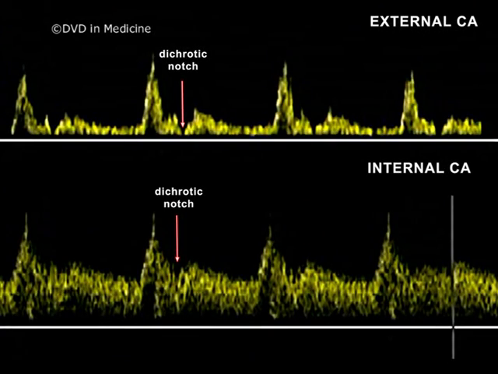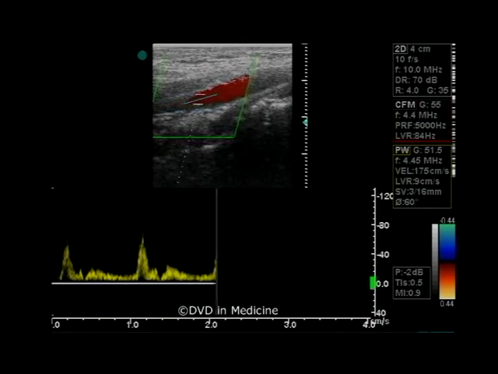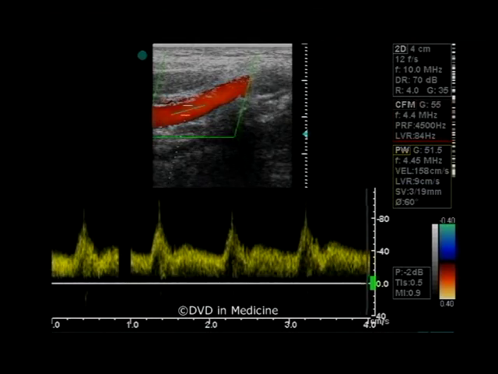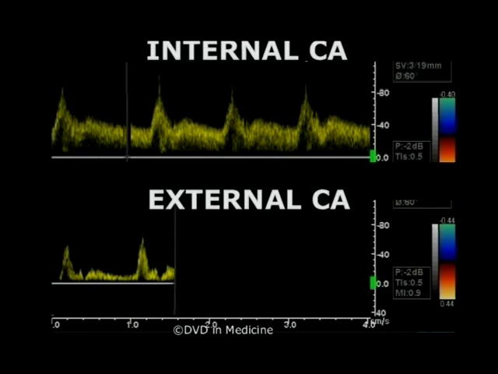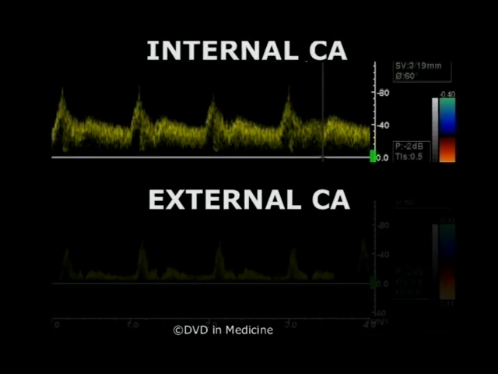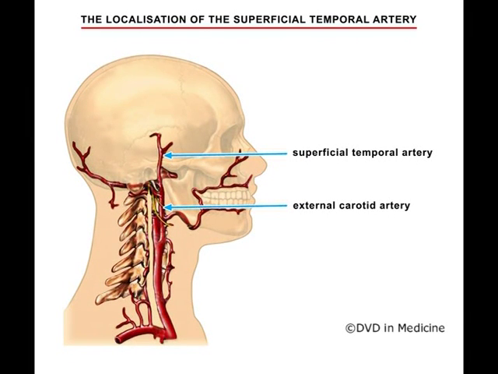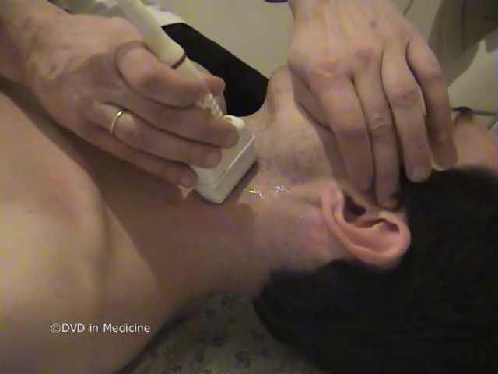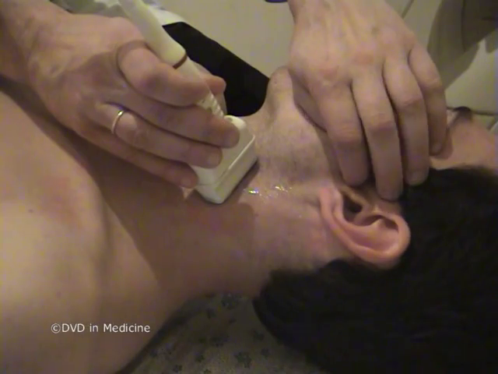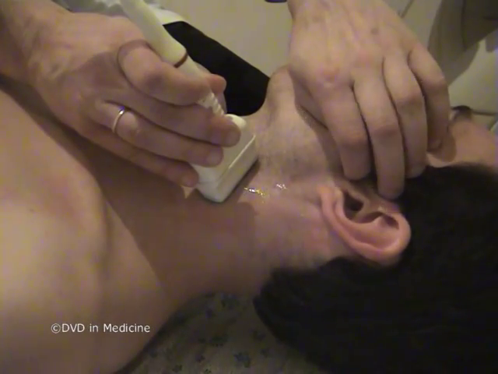In addition, the dicrotic notch of the pulse wave is usually more prominent in the external carotid artery spectrum than in the internal carotid artery spectrum. The superficial temporal artery is one of the terminal branches of the external carotid artery, and if this is tapped by a finger as it passes over the zygoma, it will produce rapid, clear fluctuations in the waveform of the ipsilateral external carotid artery.